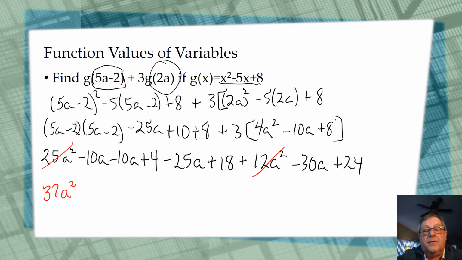And then I got another negative, so here's negative 20a, and then minus 25a, so that's going to be minus 45a, minus 30a, brings me to negative 75a.